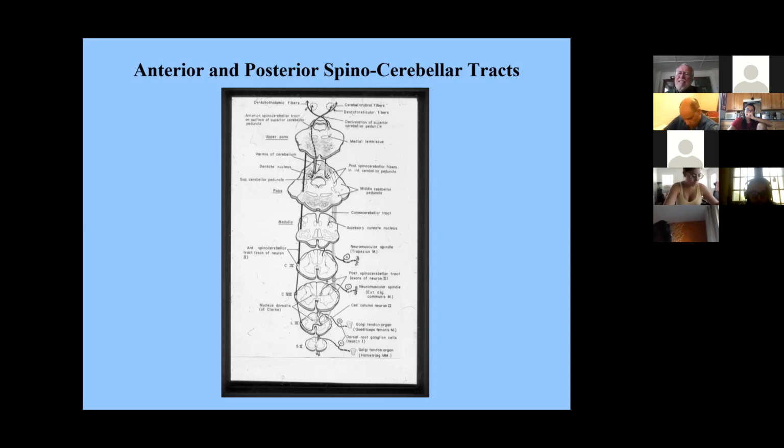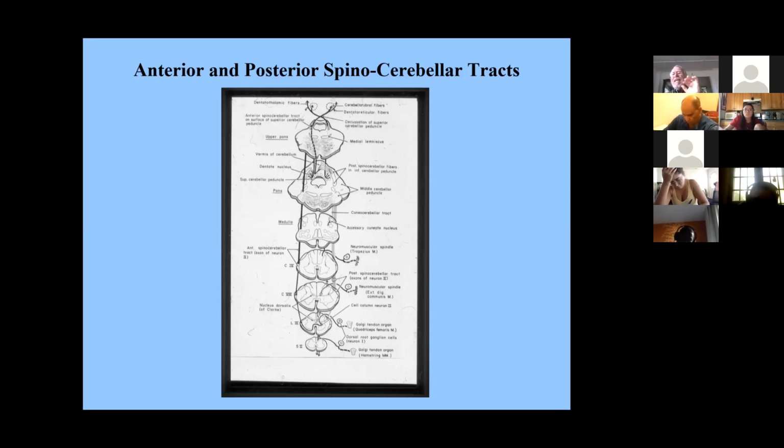So you can see the name of a general area. But a major nucleus, which is found in only a certain number of segments in the spinal cord in layer 6, is the nucleus of Clark. The nucleus of Clark can be found around L1, L2, and as high as C8.